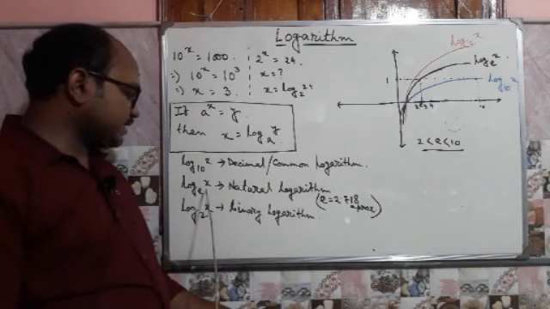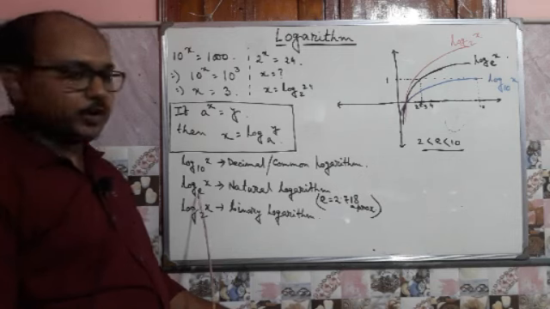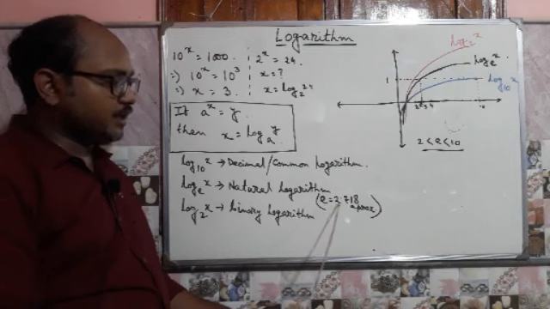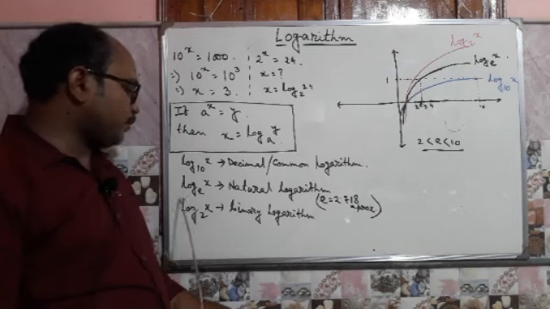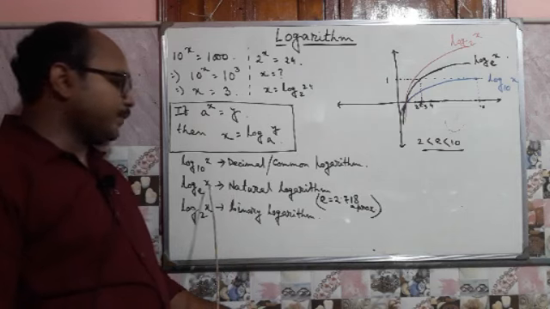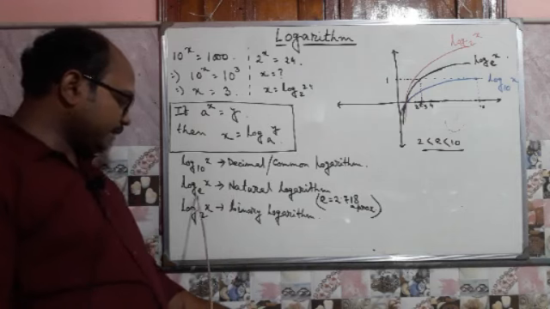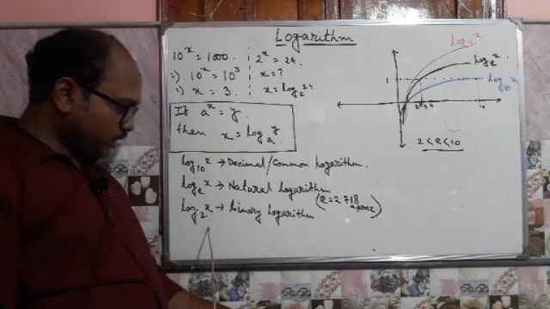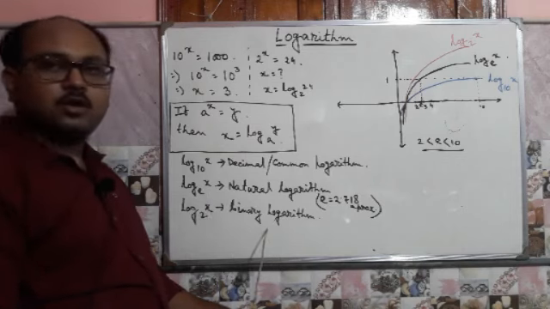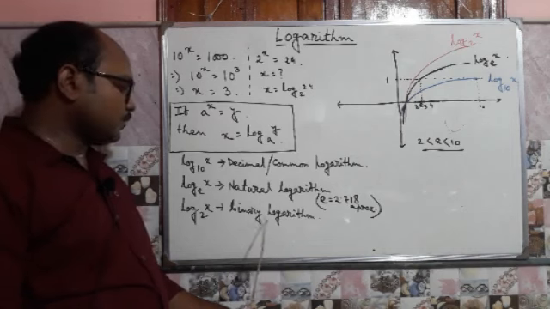If the base becomes e, meaning exponential, the value of e is approximately 2.718. This type of logarithm is known as natural logarithm. And if the base becomes 2, it is known as binary logarithm, mainly used in computer science.